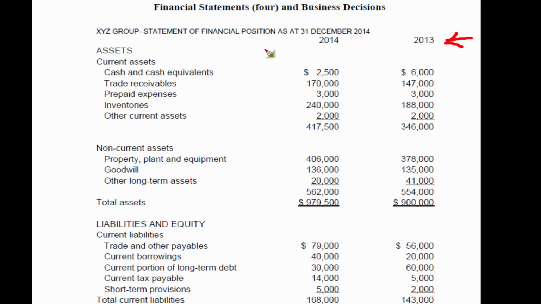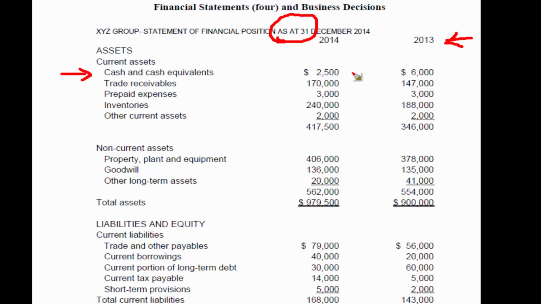Another thing to note with this statement of financial position is that this statement is as at a certain date. This one's as at December 31st, which is the usual year end for most companies, although it doesn't have to be. This means that here we have cash and cash equivalents with a value of $2,500.